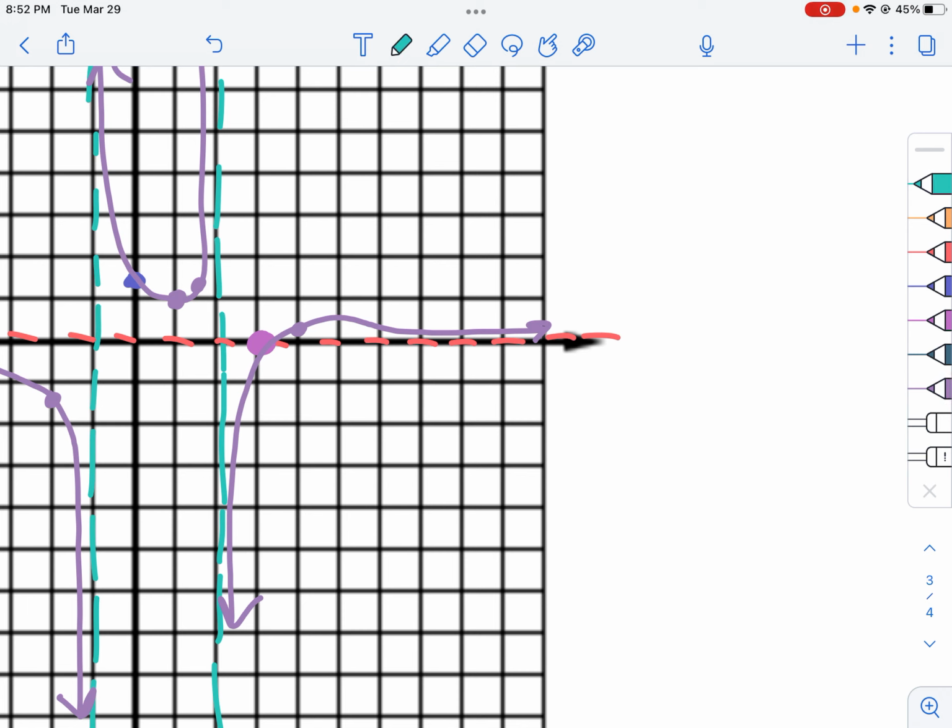The reason it's going to do that, and it's not going to do something like this, come from the top and then go back down and then curve, is because we are physically not allowed to cross the x-axis again. We can only cross the x-axis at this one point that we found, there's an x-intercept there. And because the next point to the right was positive, it meant that it came up and then it came back down and hugged the horizontal asymptote.